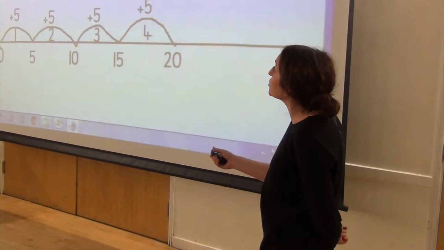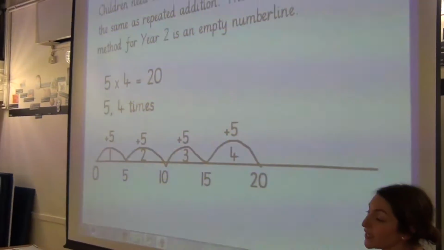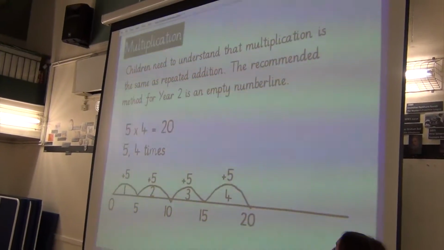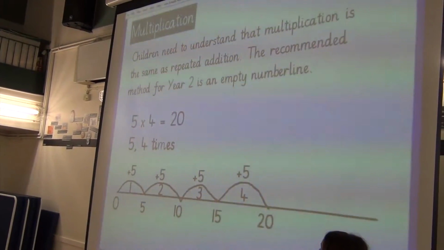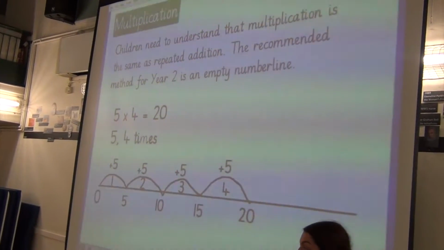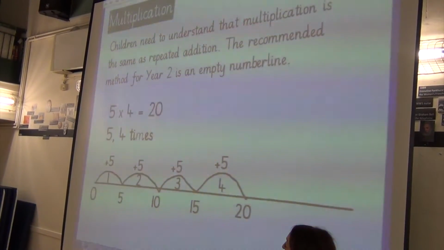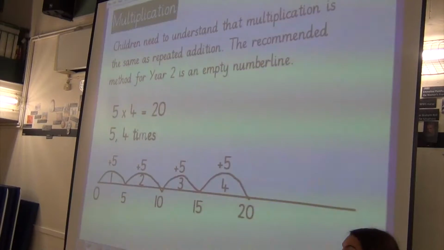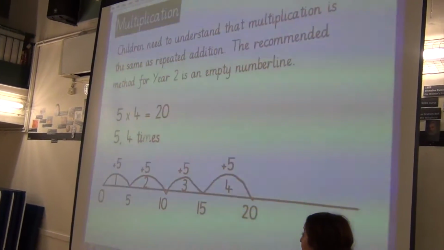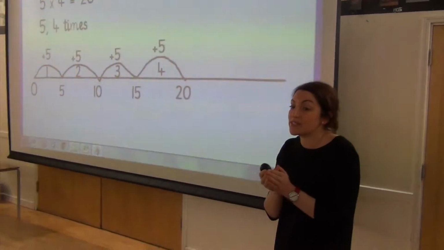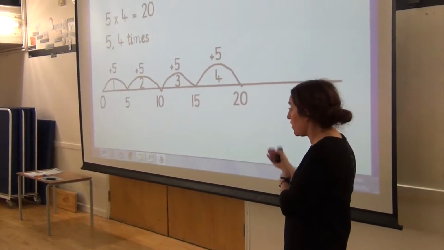With multiplication, children need to understand that multiplication is the same as repeated addition. The recommended method we have been using in Year 2 is, again, an empty number line. Children will be presented with a calculation such as 5 times 4, and we've been teaching them to say 5, 4 times.